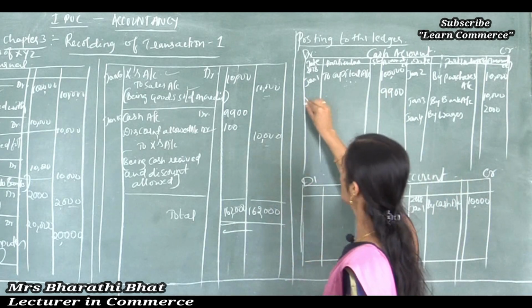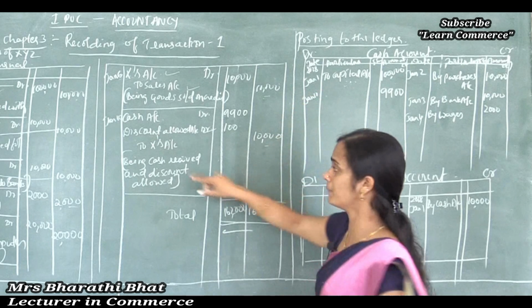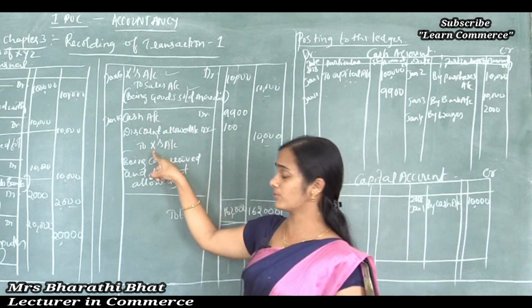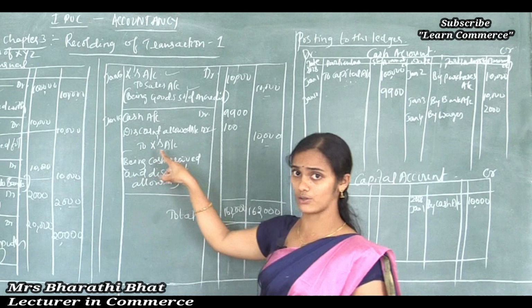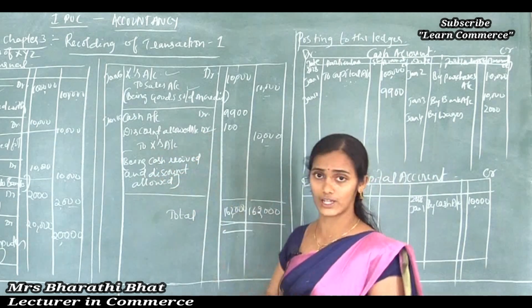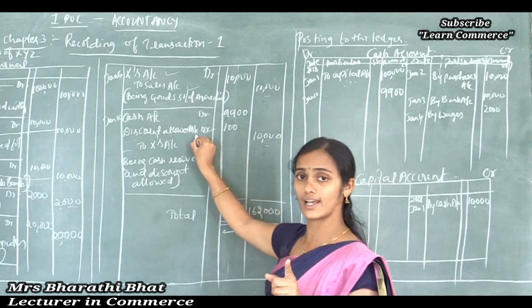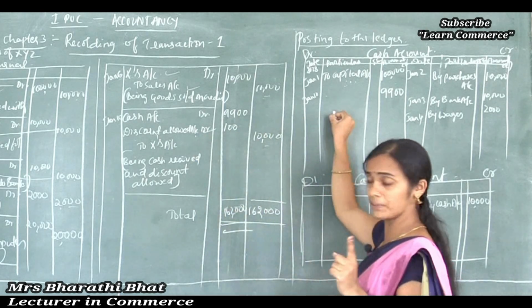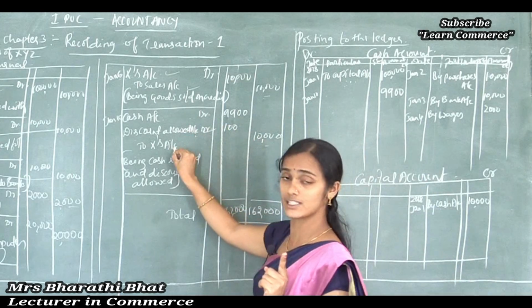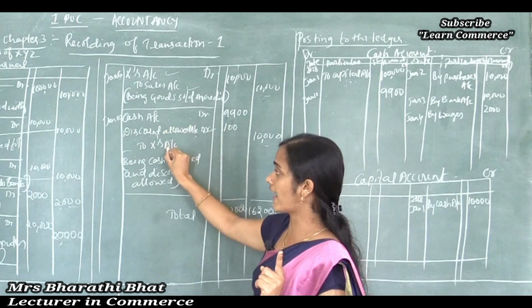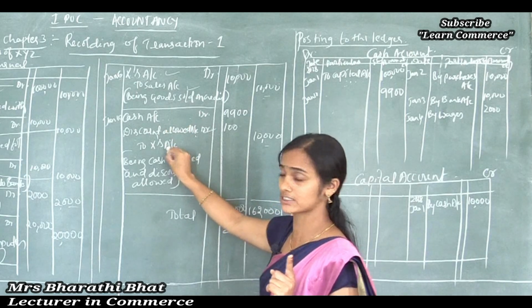Afterwards mention the date, Jan 10. The next step is cash is affected with this X account. Getting my point? Not with discount allowed account. Clear, right? We should not record discount allowed in a cash account because cash is affected with this X account. Near to cash, we should record this X account.